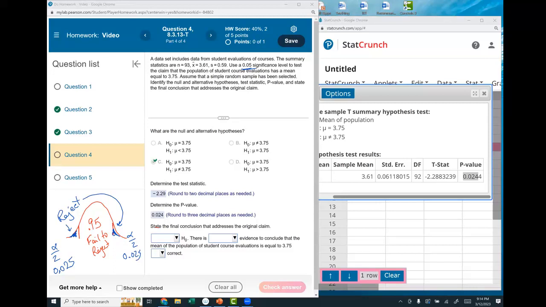Now our p-value is 0.024. Is 0.024 greater than or less than 0.025? Well, it's just a teeny tiny bit smaller. So that means it is going to fall in our rejection area.